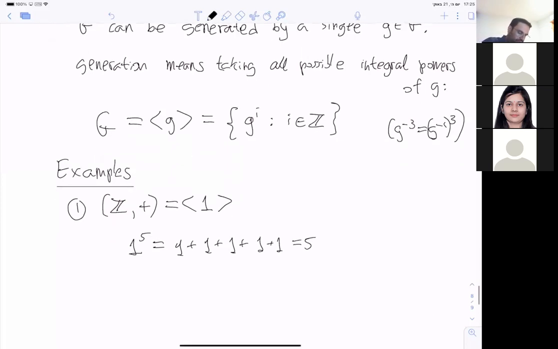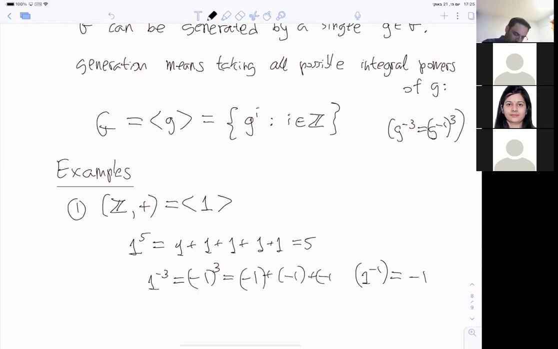For example, minus 3 will be what? What is the inverse of 1? Minus 1. So it is minus 1 to the power of 3. But power is not multiplication. It's minus 1 plus minus 1 plus minus 1, so it's minus 3.